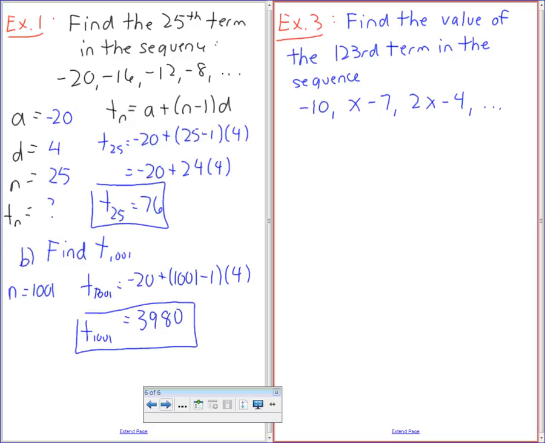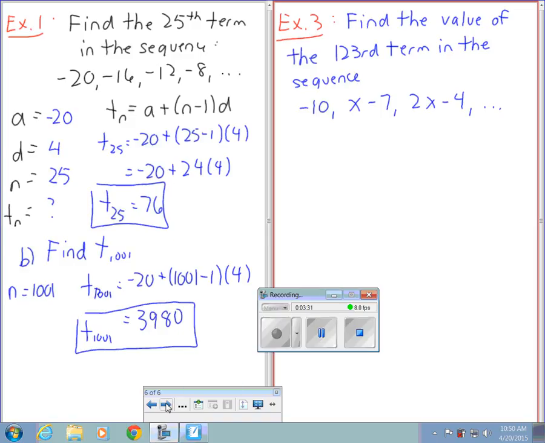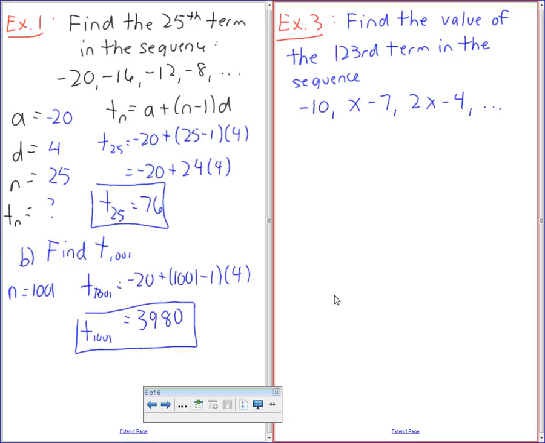You guys want to hopefully find the value of the 123rd term in that sequence. So set it up. It's the same thing. Now, if the variables are scaring you, do them separately from the numbers. Brad, since I skipped you last time, can you recite from memory, please, the equation that we're using for this? Tn equals a plus n minus 1. Good. So Tn equals a plus n minus 1 times d. The difficult part for this question looks like it's going to be the d.